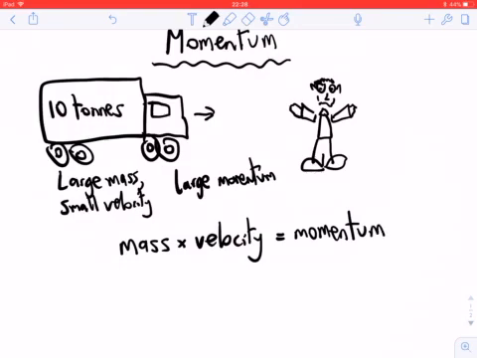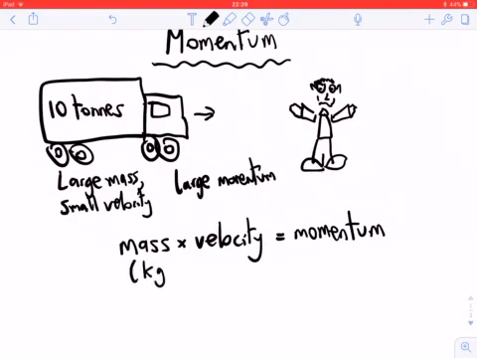So we can imagine a small mass object with a large velocity, that would have a lot of momentum, or a large mass object with a small velocity, it would still have a lot of momentum. So multiply them together, that gives us a way of measuring the hitting power, if you like, the effect on impact of an object. Mass times velocity, momentum.